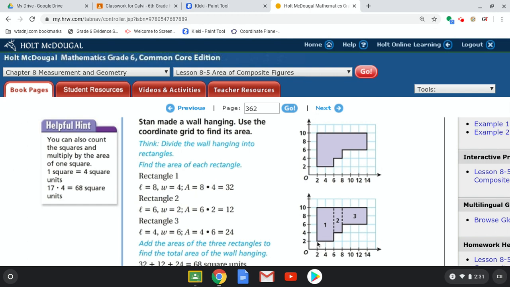Then our width, these are also going by 2's. 2, 4, 6, 8 square units. So you cannot just look at the number on the graph and say, oh, it's 10 square units. It's already starting at the 2 line. So these are counting by 2's. 2, 4, 6, 8. So my length was 4. My width was 8.